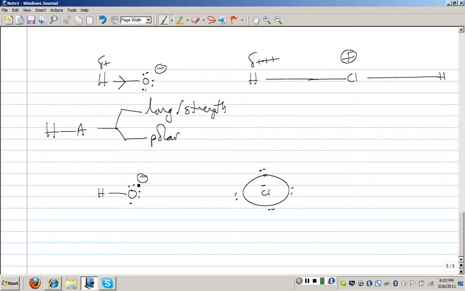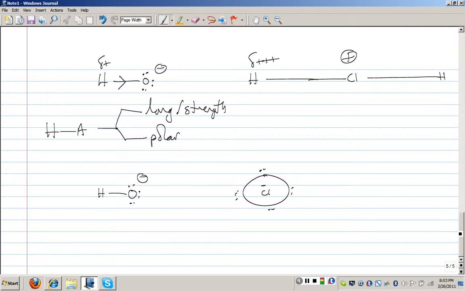I have 3 lone pairs over a small surface area, 4 lone pairs over a larger surface area. So the repulsion between these lone pairs is much less than repulsion between those lone pairs. So the electron pressure on hydroxide is greater. Of the two, hydroxide therefore must be the one that's more desperate to get rid of electron density. Vis-a-vis, it's the stronger base.